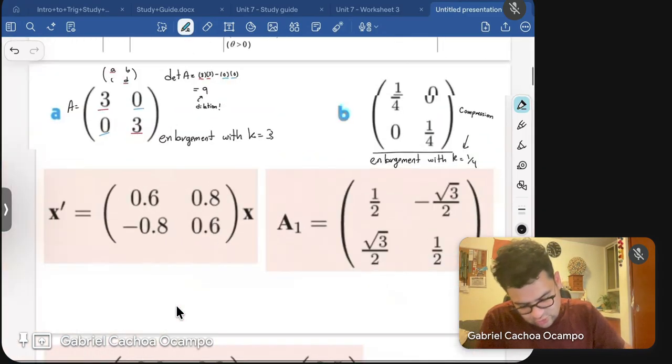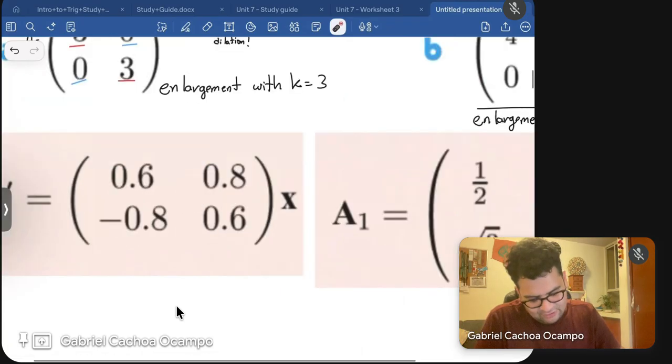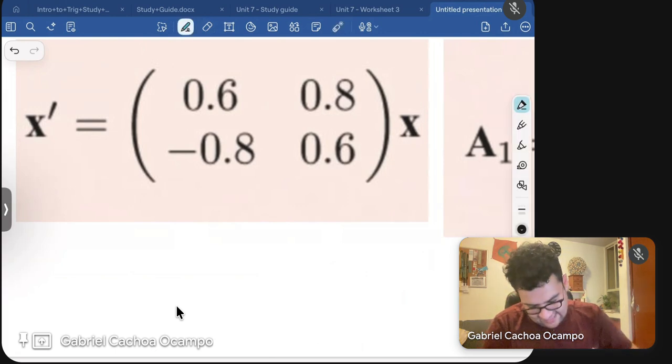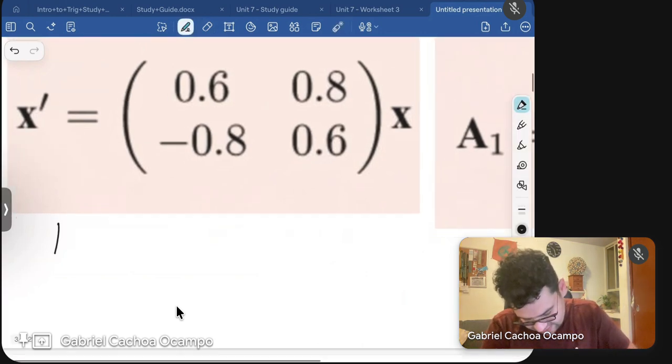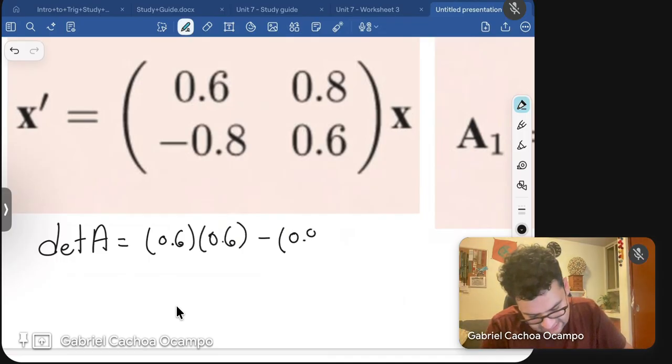So for these two, it was very easy. I did not even have to check the determinant rule. But let us see what happens for this one. If I do the determinant rule of this matrix, it would be 0.6 times 0.6 minus 0.8 times minus 0.8.